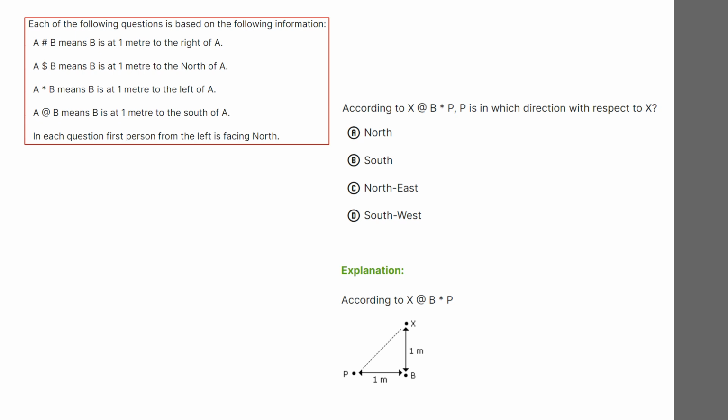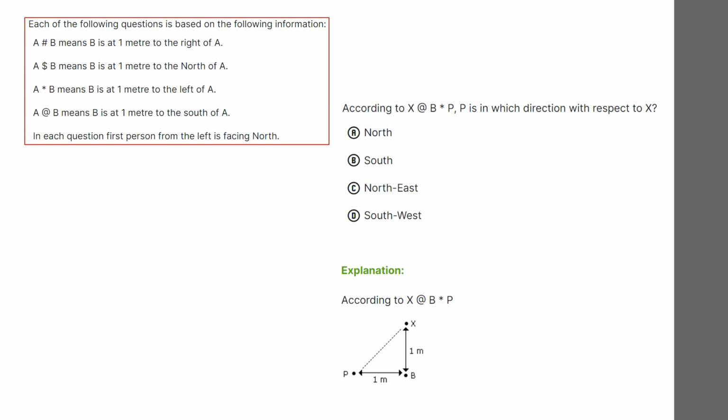You can see here at the rate means B is at 1 meter to the south of A. Try to apply it for our x and b variables. Now it means that b is at 1 meter to the south of x. Yes, A means our x here.